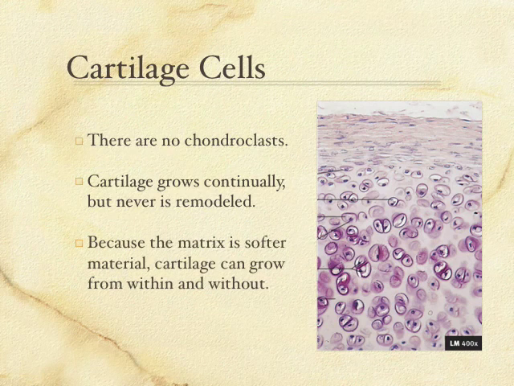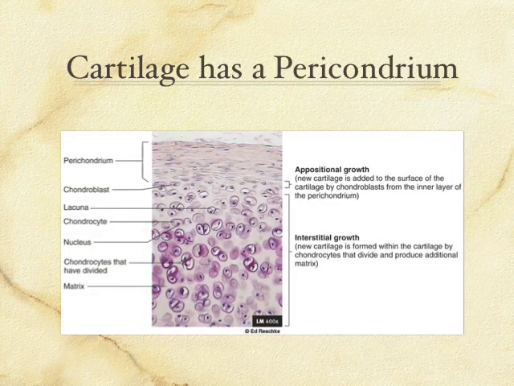Now, cartilage, too, can grow because you have this softer cartilage matrix, this ground substance matrix. Cartilage can grow both inside and out. You don't just add layers to the outside. You can do that. This picture from your textbook sort of illustrates that. Here's the cartilage matrix with the chondrocytes down in the matrix.